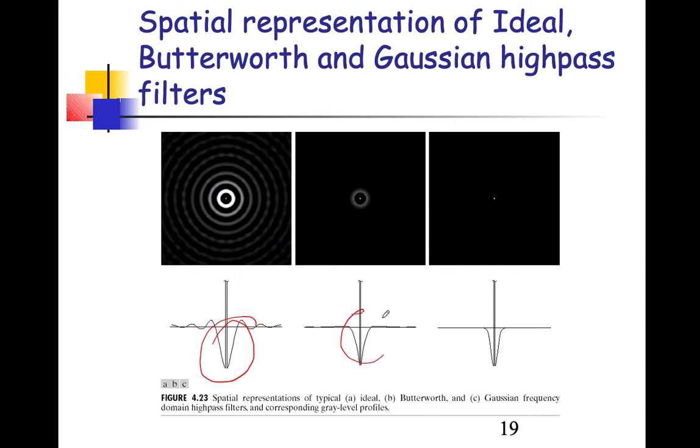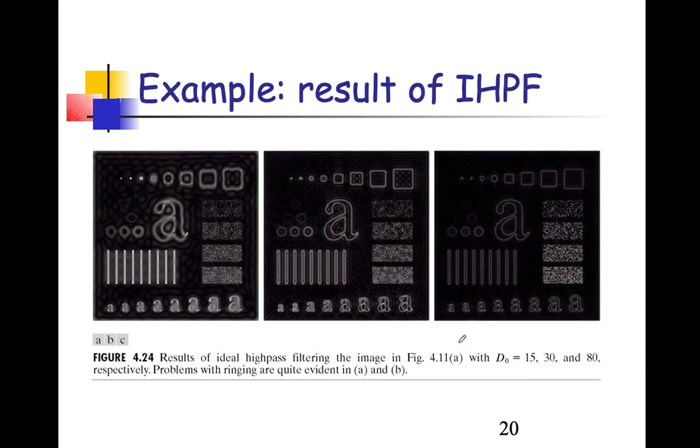You can see the spikes here. And these are all the results of ideal high pass filter. So you can see sharp edges will be obtained. That's why I said these filtering techniques are basically used for the edge detection of an object.